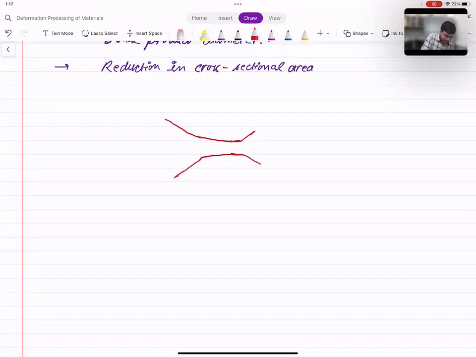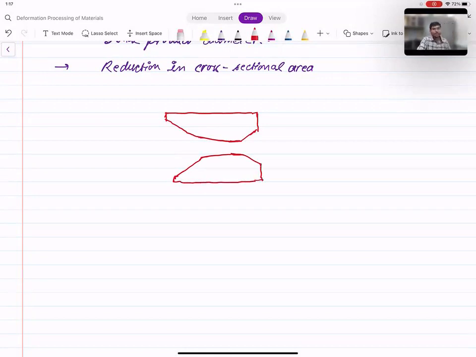This is the back relief. This is the usual shape of dies which are used for the wire drawing operation.